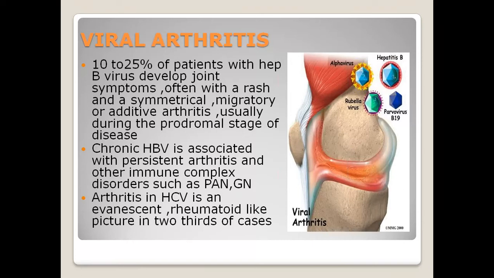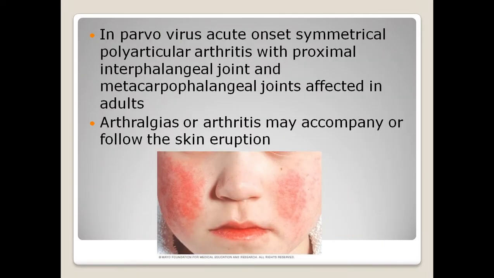So chronic persistent arthritis is seen in hepatitis B virus, whereas in the rheumatoid-like picture the stiffness lasts more than 1 hour in the early mornings and is relieved on movement. In parvovirus, there is acute onset of symmetrical polyarticular arthritis, with proximal interphalangeal and metacarpophalangeal joints affected in adults, and arthralgias and arthritis may accompany or follow skin eruption.